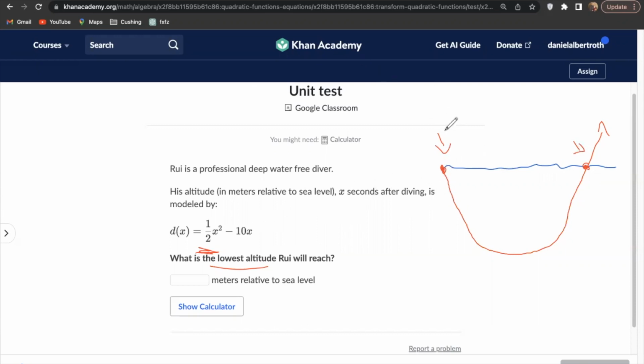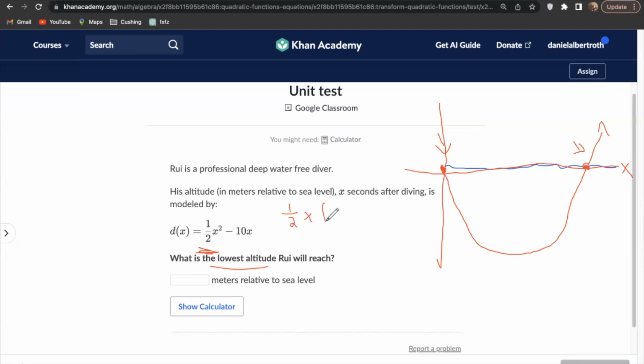So this is actually, I drew it like this, but it's a graph. And x is the amount of seconds that passes. So I want to figure out where he starts is probably 0, and where he ends, we're going to figure that out. With this function here, what I can do is I'm going to pull out 1/2 x.